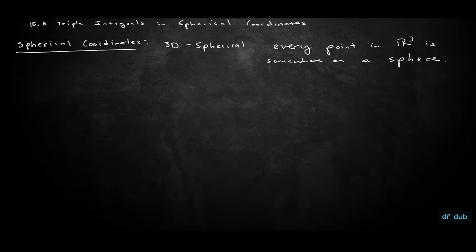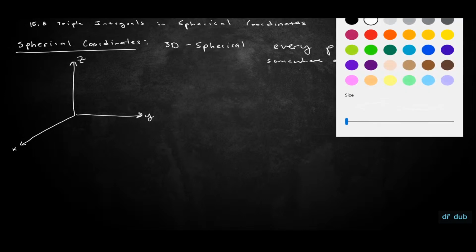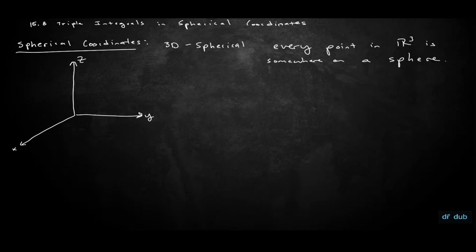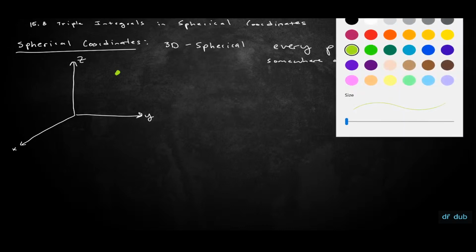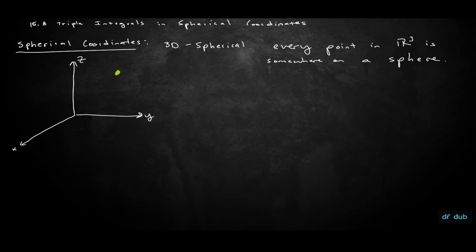So what we're going to do is we're going to say, okay, let's draw the three-dimensional space. Normally we have these x, y, and z coordinates like this. So here's x, y, and z. And those are the coordinates we normally use to describe a point. And let's say this is our point. And it would have an x, y, and z coordinate.